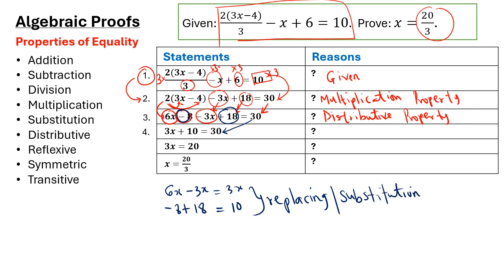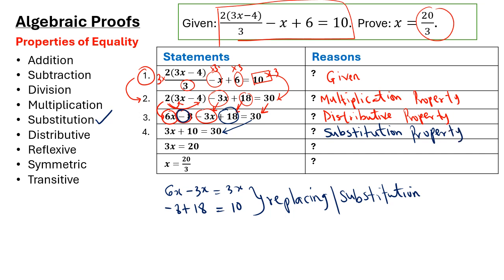So that means step number 4 will be substitution property, or you can say combining like terms. But because we do not have combining like terms as one of the properties, the suitable property here will be substitution property. So every time you combine like terms, you're using the substitution property in disguise.